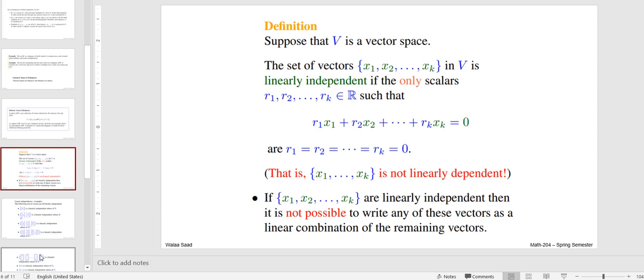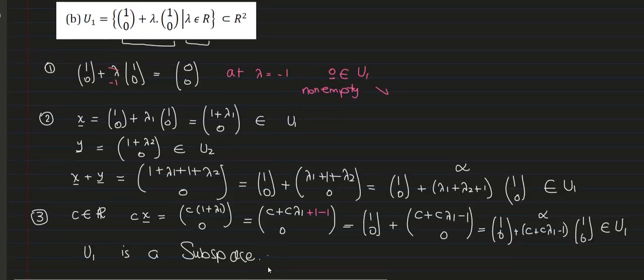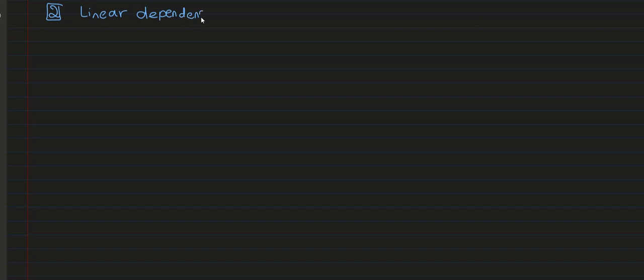Now here we need to discuss the linear dependency and independency. The definition of the linear dependency and independency, let's take it here. Now this is concept number 2 about the linear dependency. And I will tell you that the linear dependency is the same as the linear combination. It's a very simple concept.